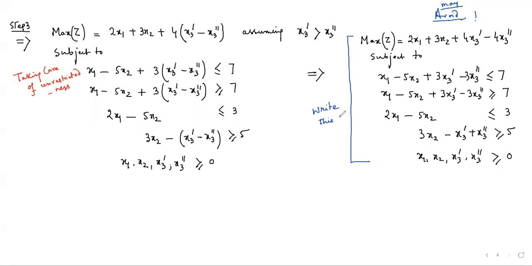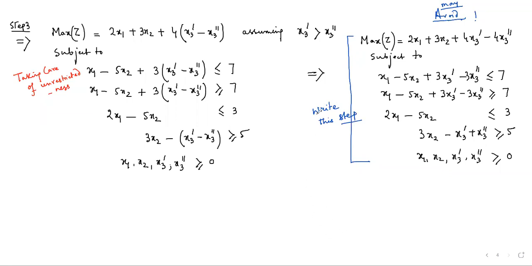Even if it seems silly, that I have done nothing extra and just multiplied the things, someone may think we can easily write the matrix form from here, but you still have to do it, because signs are there. Some minus sign is preceding this bracket, so if you remove the bracket, this variable is preceded by a minus sign and the second one by a plus sign. Since you are doing this for the first time, you may make mistakes there. So write this step. That is my advice.